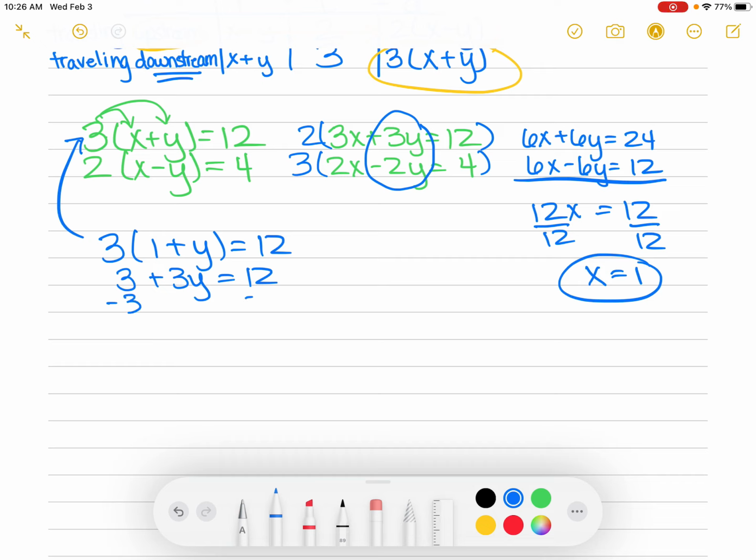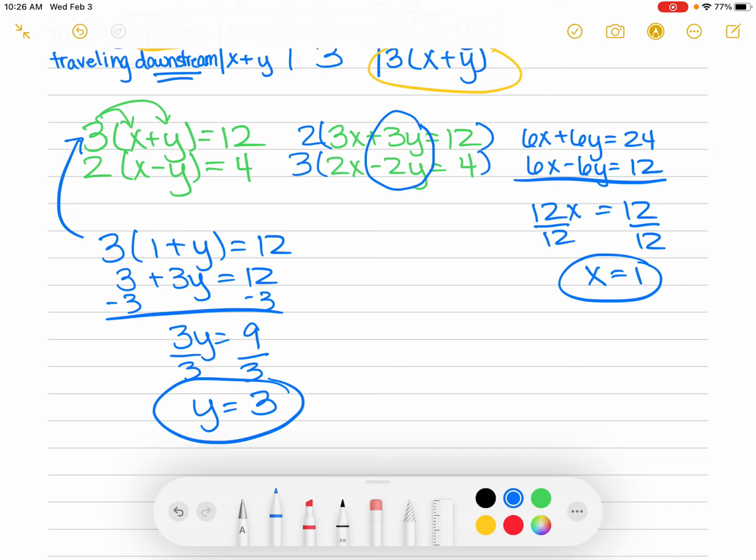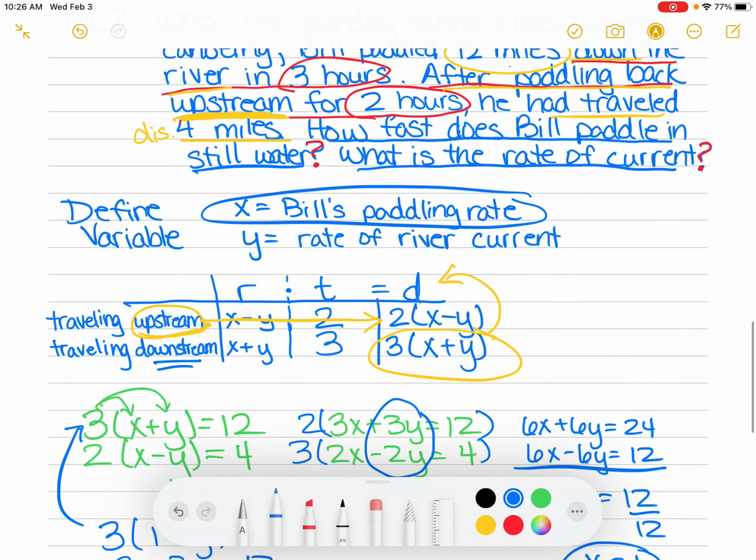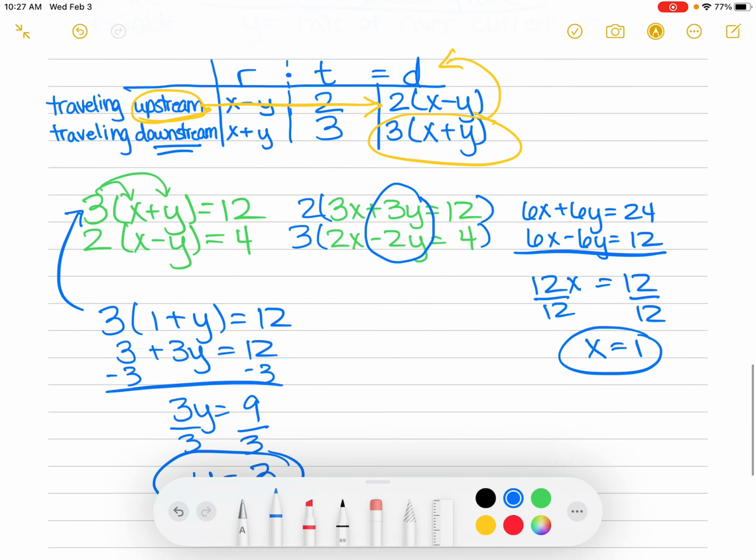Subtract 3. And I get 3y equals 9. Divide by 3. And y equals 3. Okay. So these are my two rates. So I have Bill's paddling rate is the x, and the rate of the river current is the y.